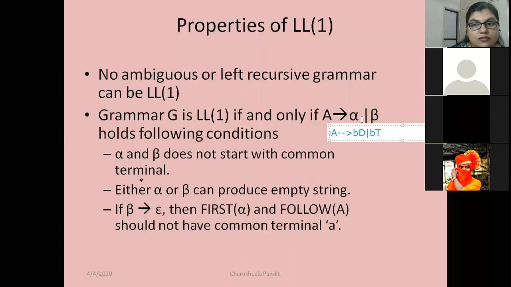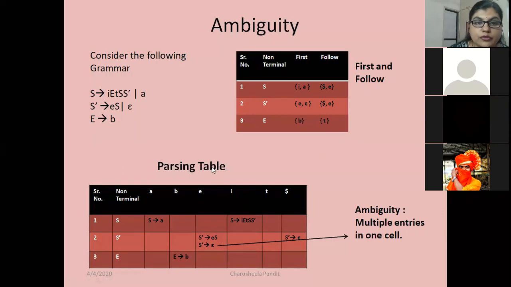Compare this A produces alpha or beta with S dash produces ES or epsilon.